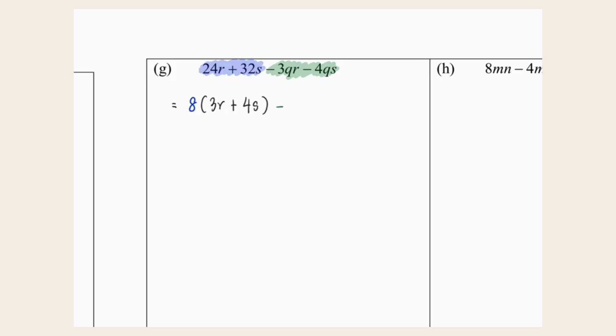I'm going to extract out the q, negative q, and I realize that again I will have my 3r and positive 4s, because again Mr. Tan is really careful. If I were to multiply this out, they should give me back my negative 4qs.